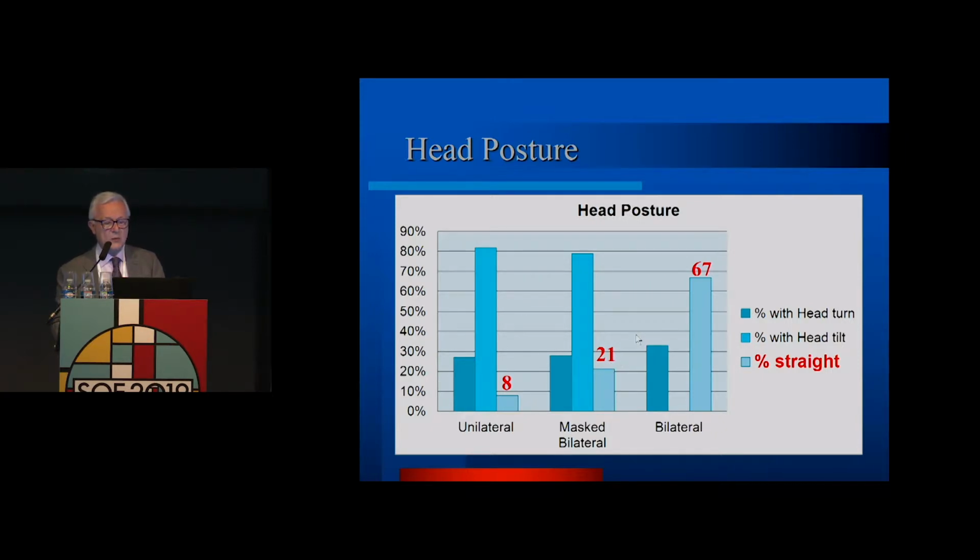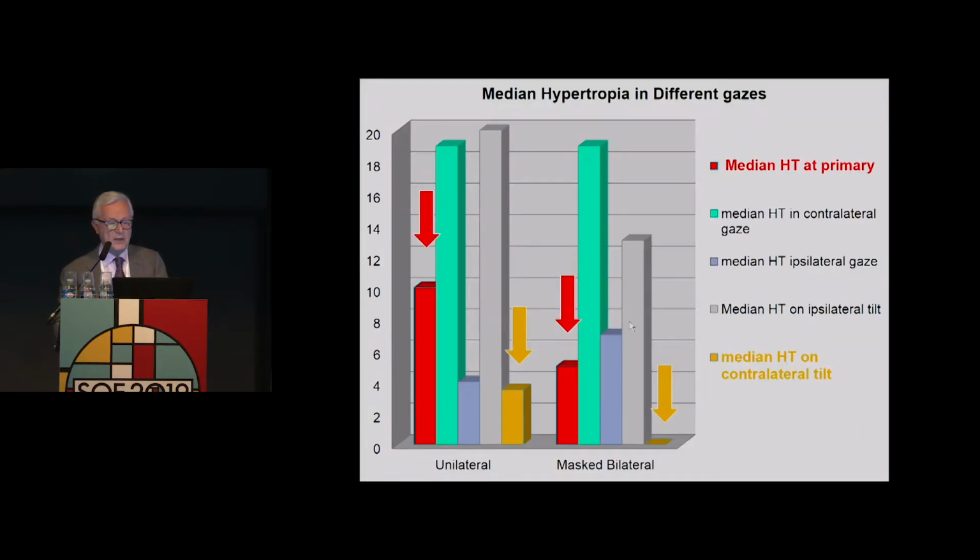So again, there were hints in retrospective analysis, and this is another finding: the median hypertropia in different gazes. In primary position, the deviation in primary patients was around 11 prism diopters, and it was less, around 4 to 5 prism diopters, in the masked bilateral.